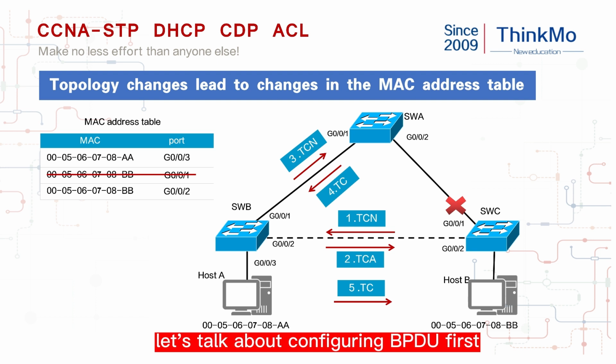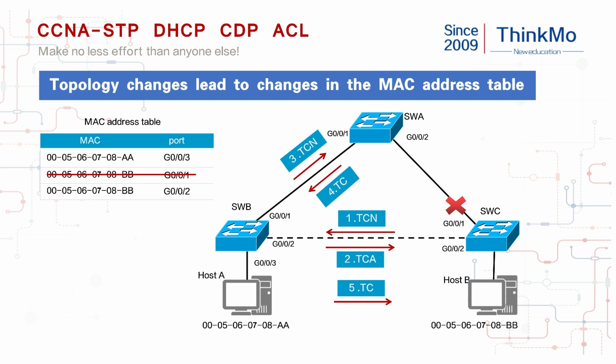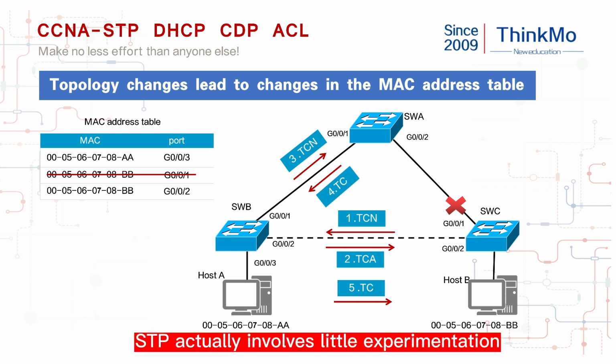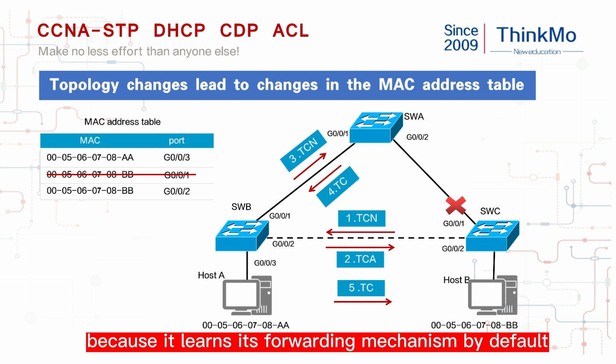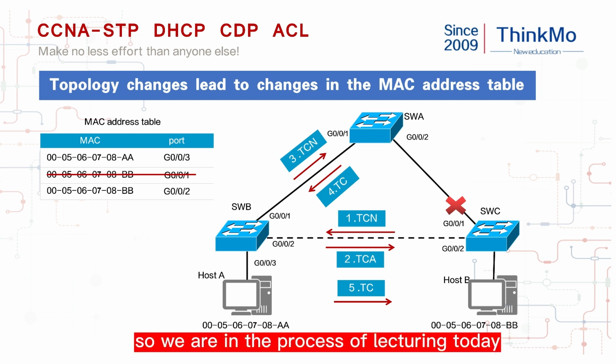Let's talk about the configuration BPDU first. For the NA stage, STP actually involves little experimentation, because it learns its forwarding mechanism by default. So we are in the process of lecturing today. There will be more parameters to compare. So it might sound a little difficult to understand.